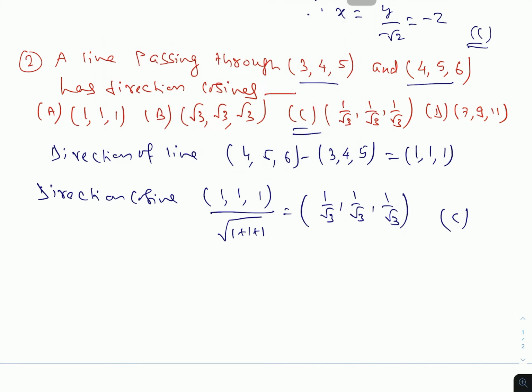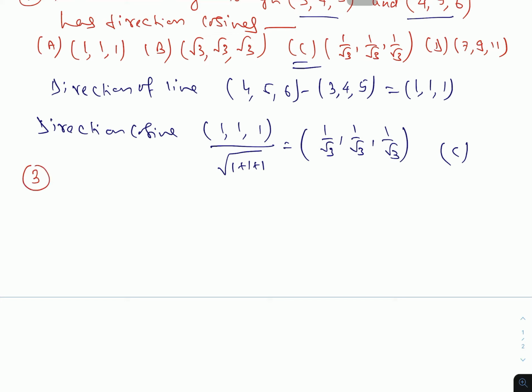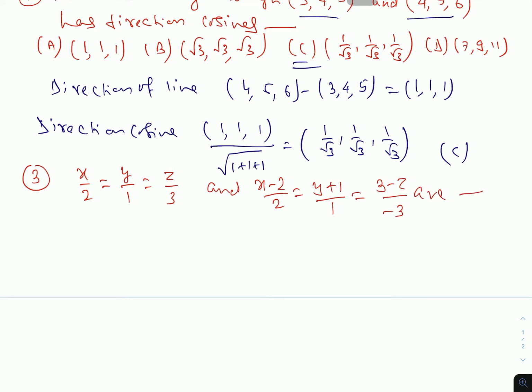Next, x by 2 equal to y by 1 equal to z by 3, and (x minus 2) by 2 equal to (y plus 1) by 1 equal to (3 minus z) by minus 3 are blank.